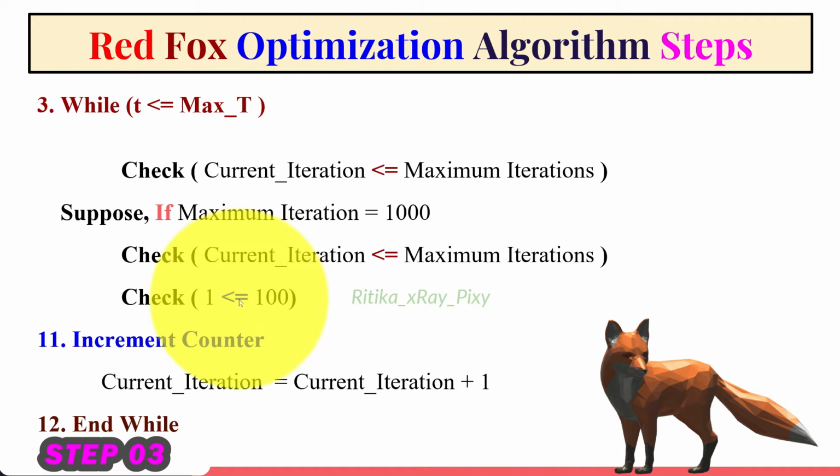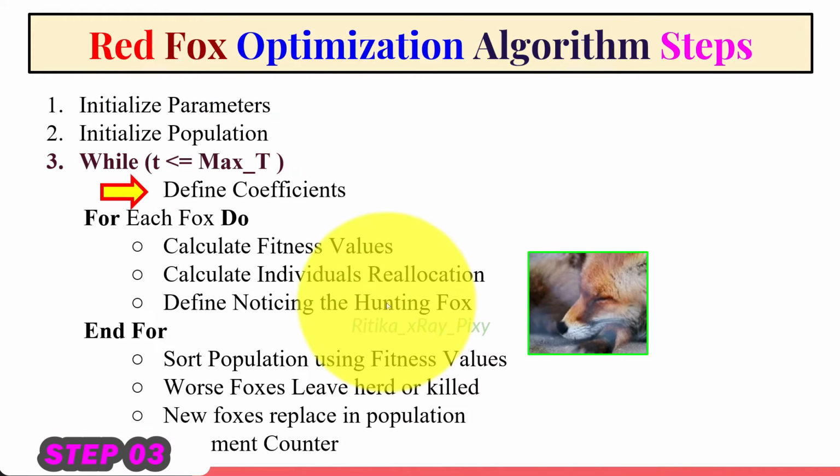So right now the condition is true, so we will move to the next step, and in the end we will increment the counter, and we will keep incrementing the counter until the stopping criteria is met. And once this stopping condition is met, we will stop and display the best solution.